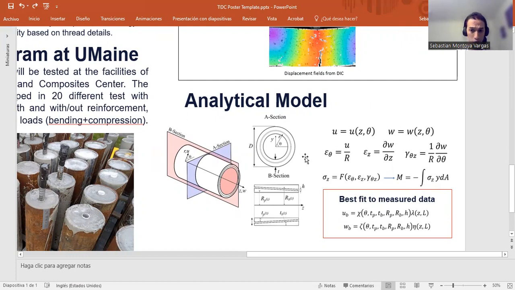We can compute hoop strains, which is ε_θ. We can compute axial strains, that's ε_z. And we can compute our shear strain, which is γ. So we have a suitable constitutive model. We can, based on these strains, compute our stresses, and with the stresses, we can integrate to obtain the moments.